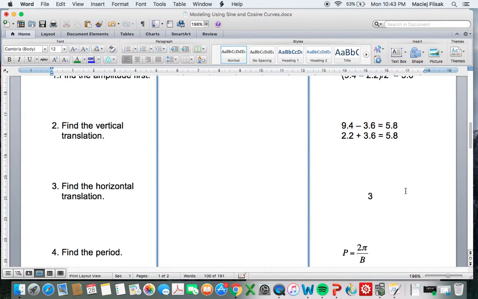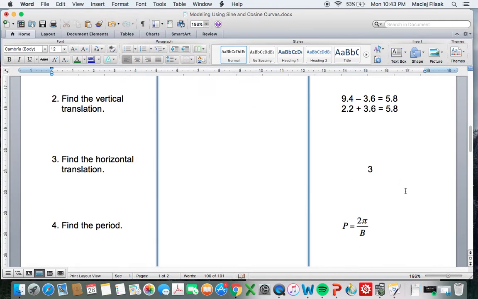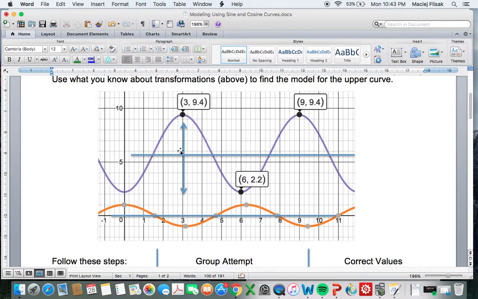The period is 2 pi over b. We'll use that in just a moment, but on here you should be able to spot the period. Again, in the normal cosine curve, it begins here, goes down to negative, and then back up to the top again. And as you can see, this is just past 6, so that would be 6.28 actually, which is 2 pi, right? So 2 pi is the normal period.